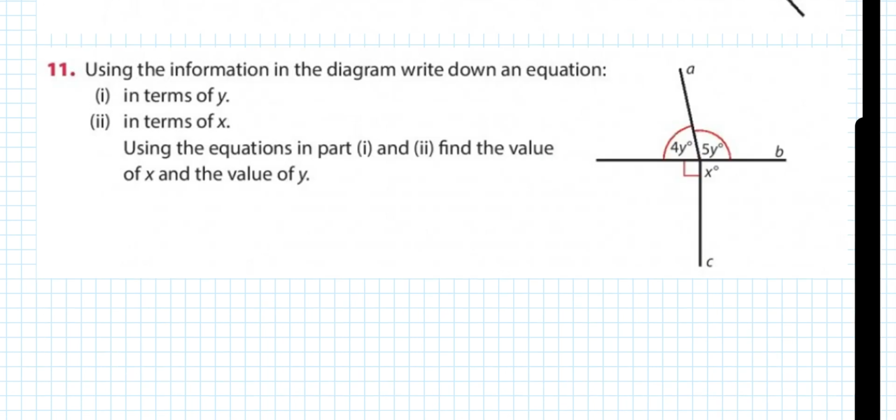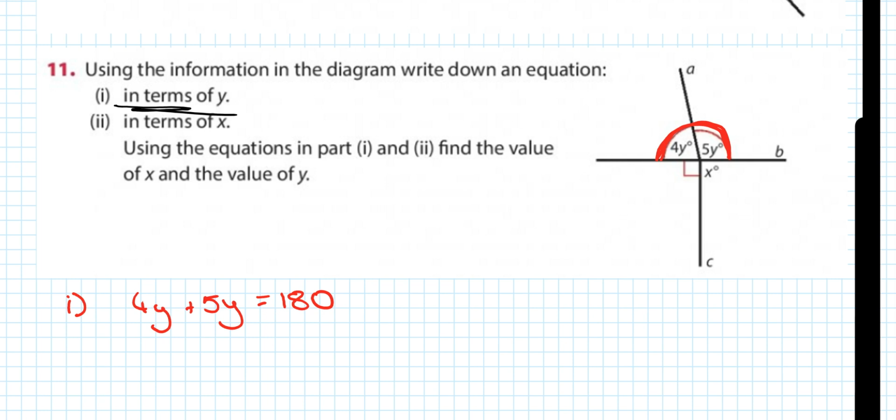And the last question for this video, using the information in the diagram, write down an equation in terms of y. So an equation with y in it is really what in terms of means. So I know the size of this angle is 180 degrees. So I know 4y plus 5y is equal to 180 degrees. Does it ask me to solve it for y?